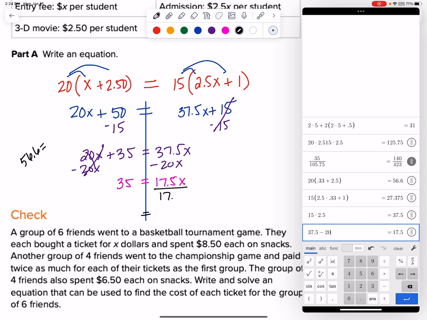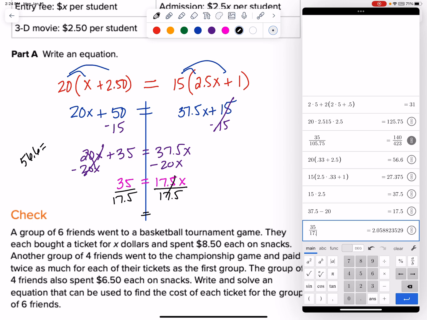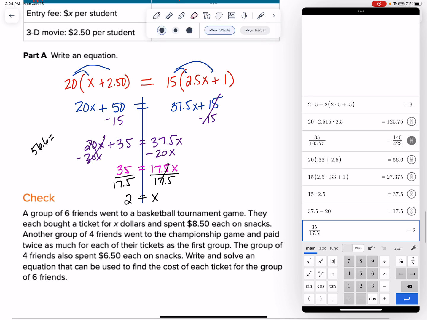Divide both sides by 17.5. And here we go, 35 divided by 17.5. That makes a little bit more sense. Okay, $2 tickets. Sounds better than 33-cent tickets.